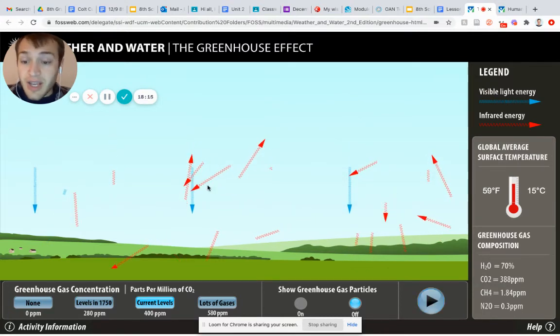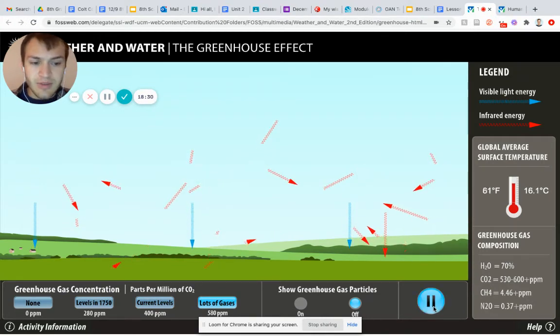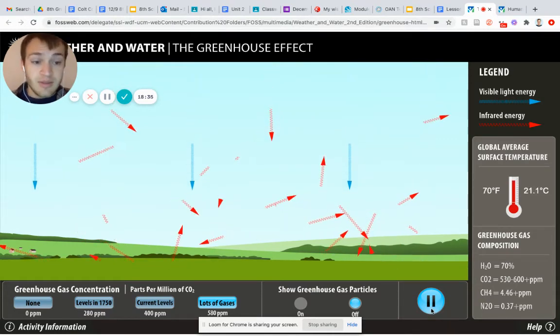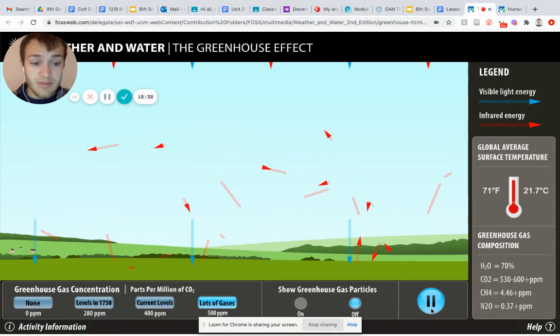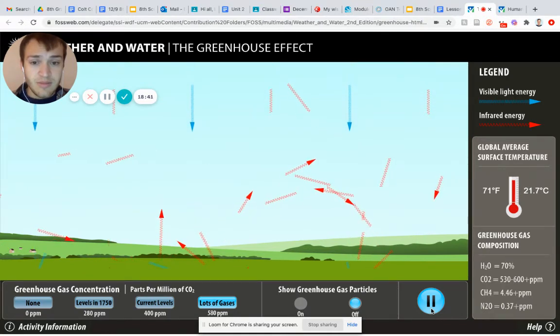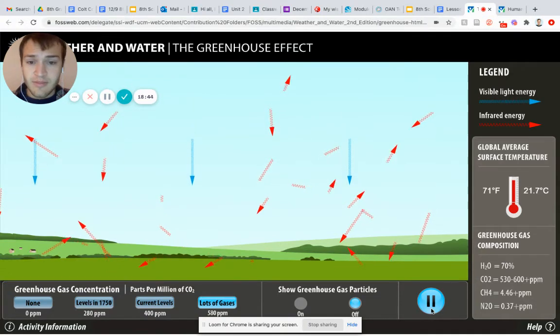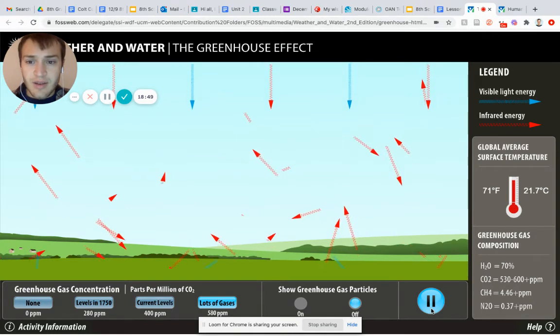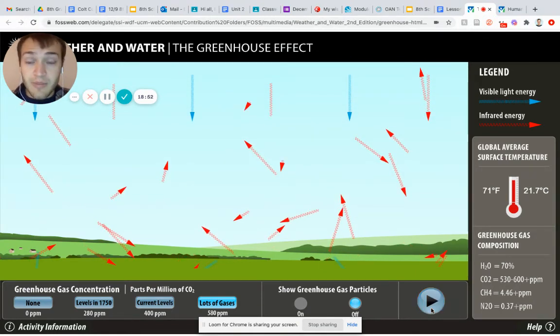Okay, all right, and now we're going to take a look at what would happen if our atmosphere had lots of greenhouse gases. So I'm going to click on lots of gases at the bottom, and we are going to see what happens. All right. Cool.